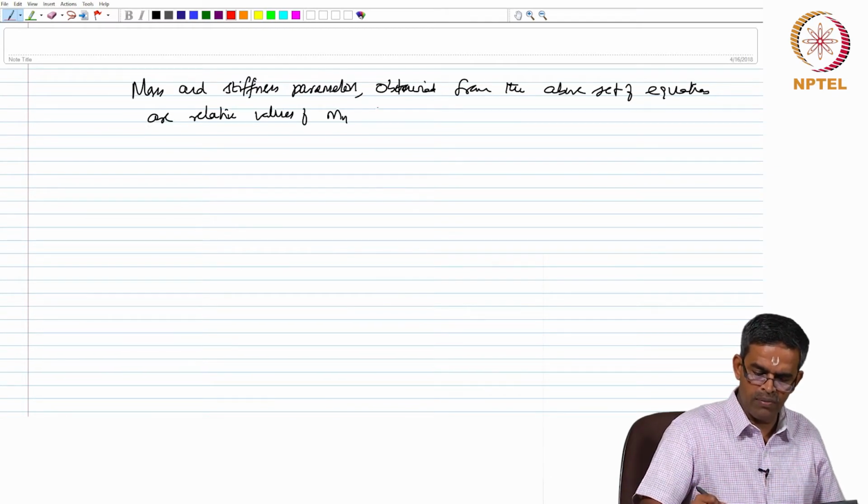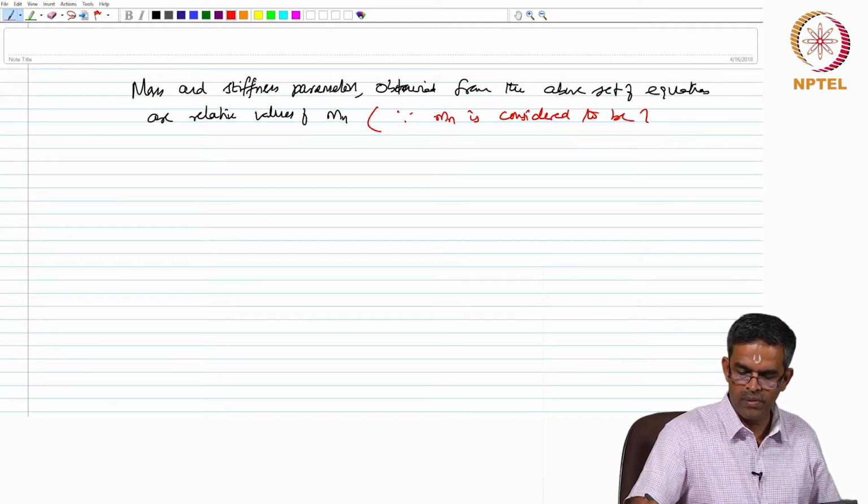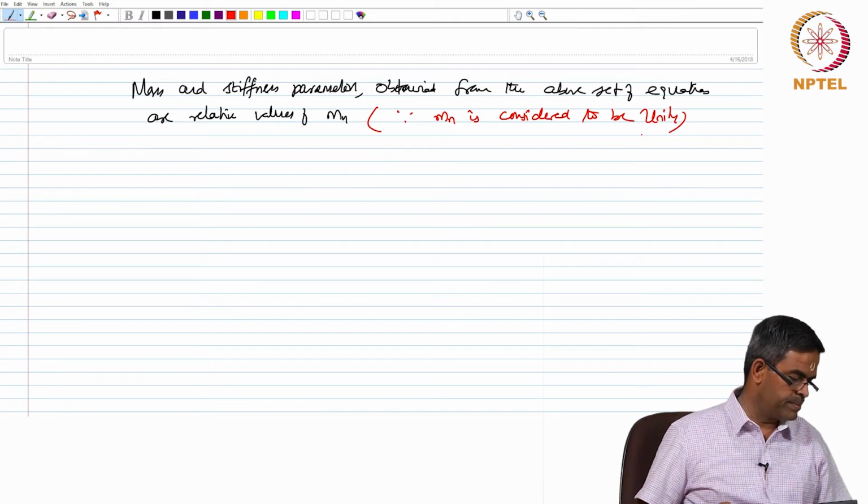Therefore, the relative values of Mn, because Mn is considered to be unity.